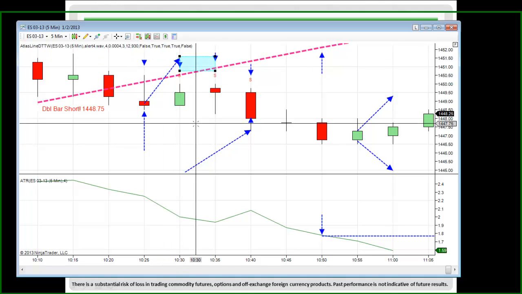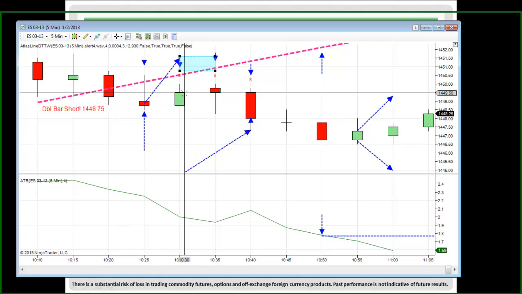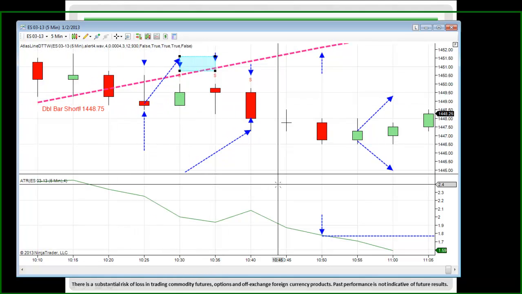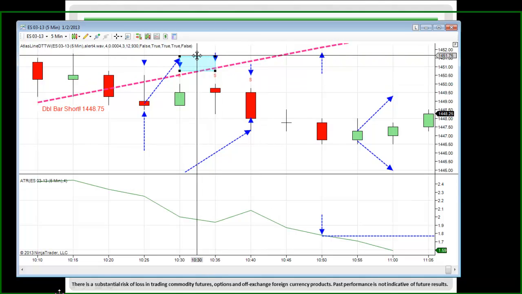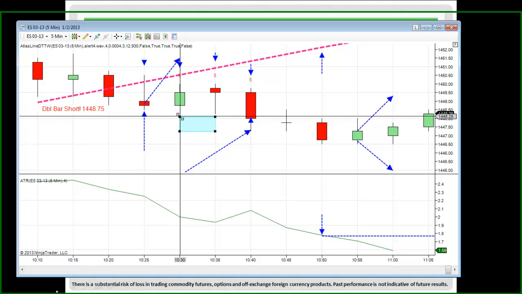At that point, that's proof enough for me to say I'm out of the trade. So a prove-it stop is based off price closing on the other side of the Atlas line, a close on the opposite side, proving to me that I shouldn't be short any longer. Maybe I should be looking to go long instead. Time-based stop and catastrophic stop. Okay, all right, very good.